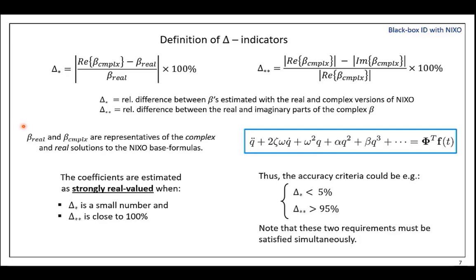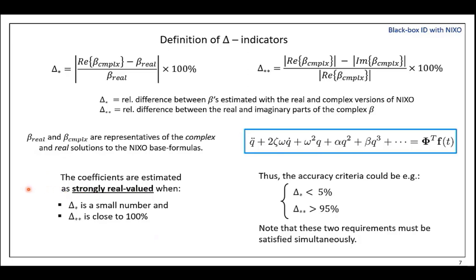Hence, delta star expresses the relative difference between the coefficient that was enforced to be found as real and the real part of the complex one. On the other hand, delta double star is defined as the relative difference between the real and imaginary parts of the complex solution. Now, with delta star and delta double star defined, we can clarify what the term strongly real valued means.